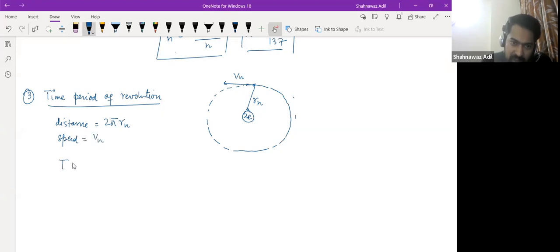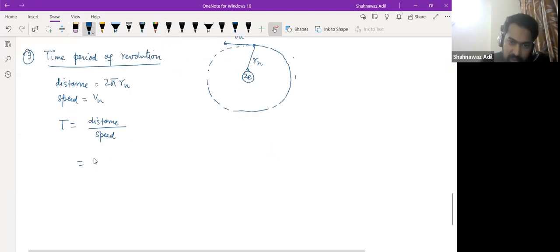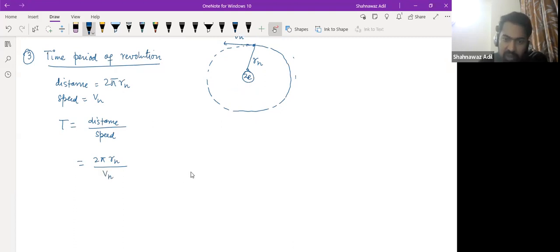So time would be how much? That would be distance by speed, right? So this would be 2 pi rn divided by Vn. We already know the values of Rn and Vn, and we can put those values.